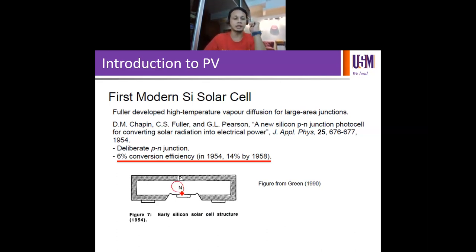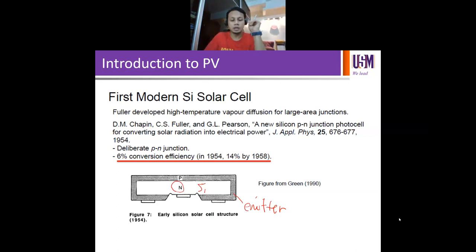Kat tengah ni is N-type wafer. And then the silicon wafer is wrapped with a P-type emitter, which wraps the whole silicon. The whole thing is all silicon. So it's a very simple structure back then in 1954, and it's already generating 6% of conversion.